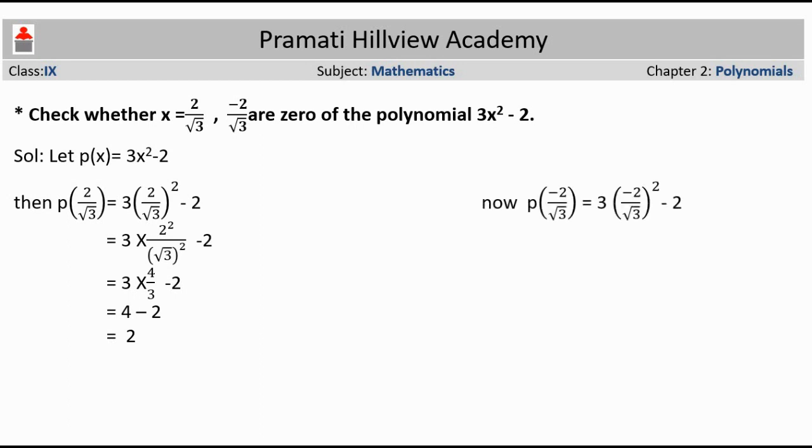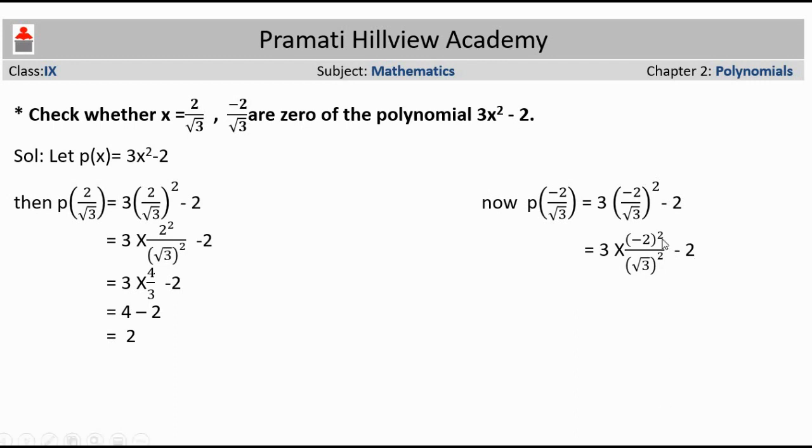Now let's check what happens when x is equal to minus 2 by root 3. Now p of minus 2 by root 3 is equal to 3 into minus 2 by root 3 the whole square minus 2, which is equal to 3 into minus 2 the whole square by root 3 the whole square minus 2.